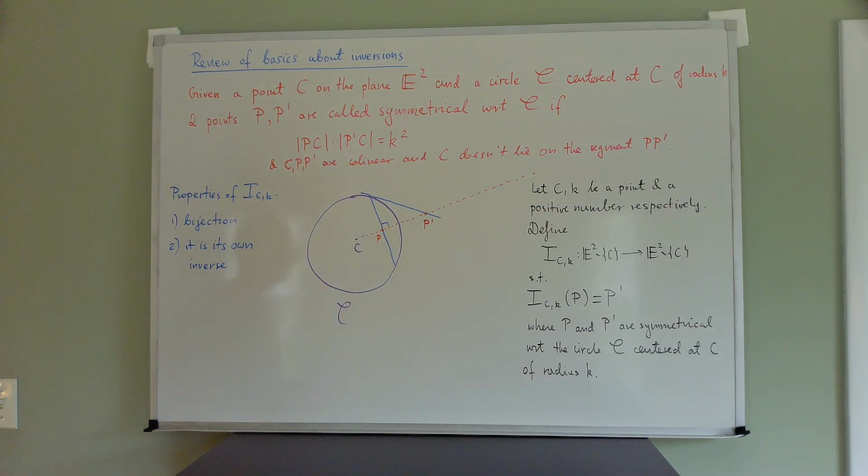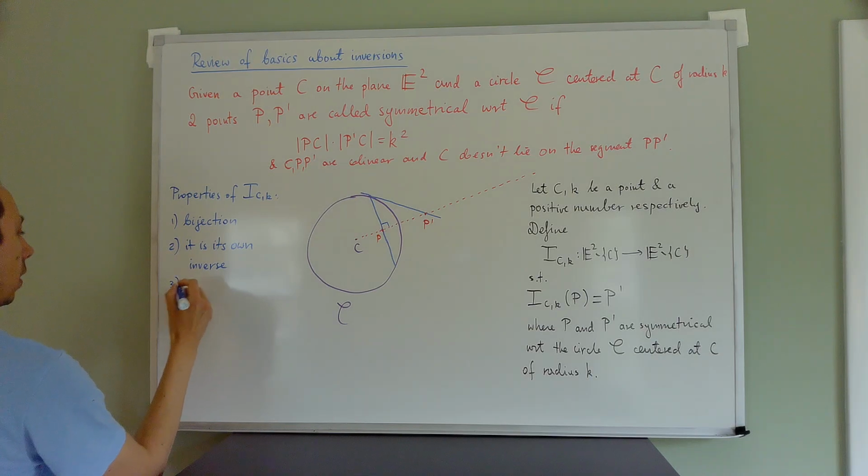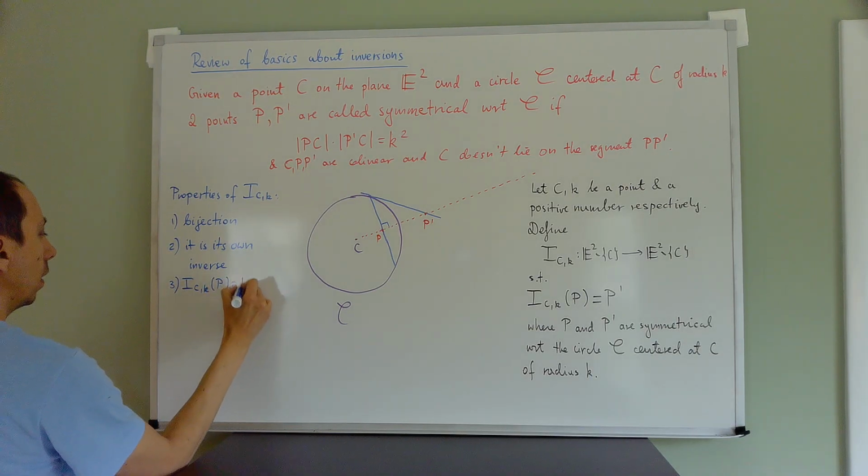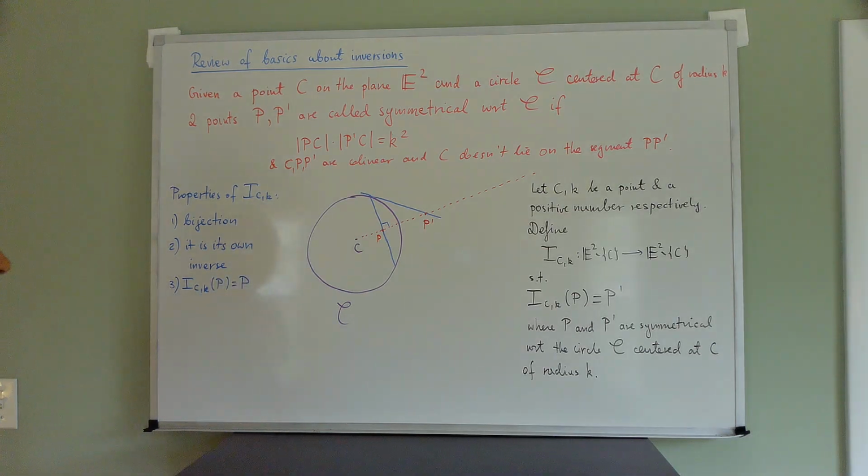Yes, if I apply the same inversion to any point twice, I get the same point back. Three, it fixes exactly the points that lie on the circle.